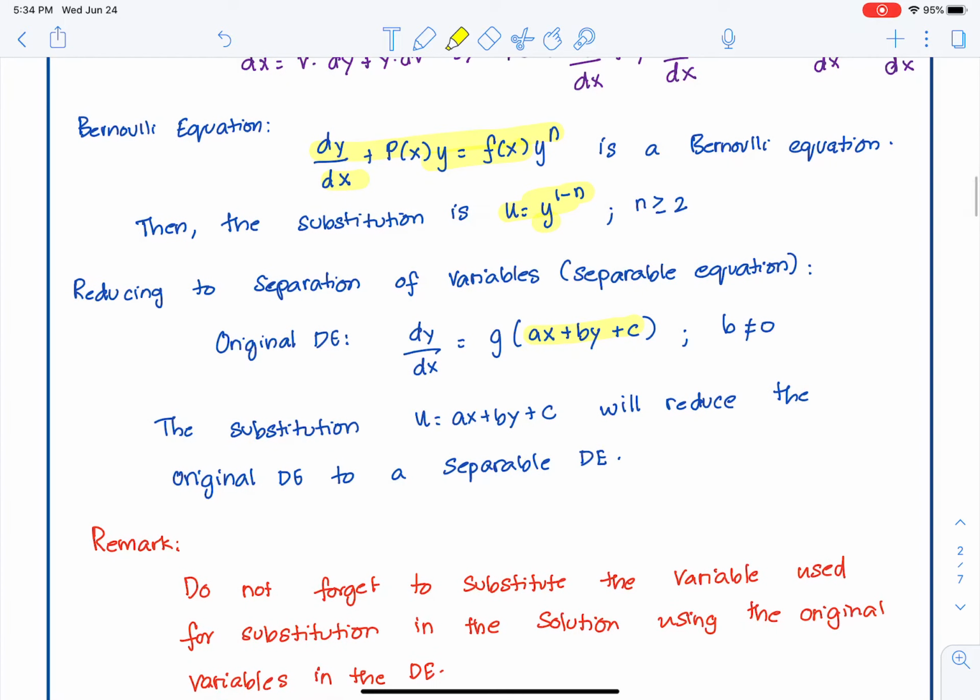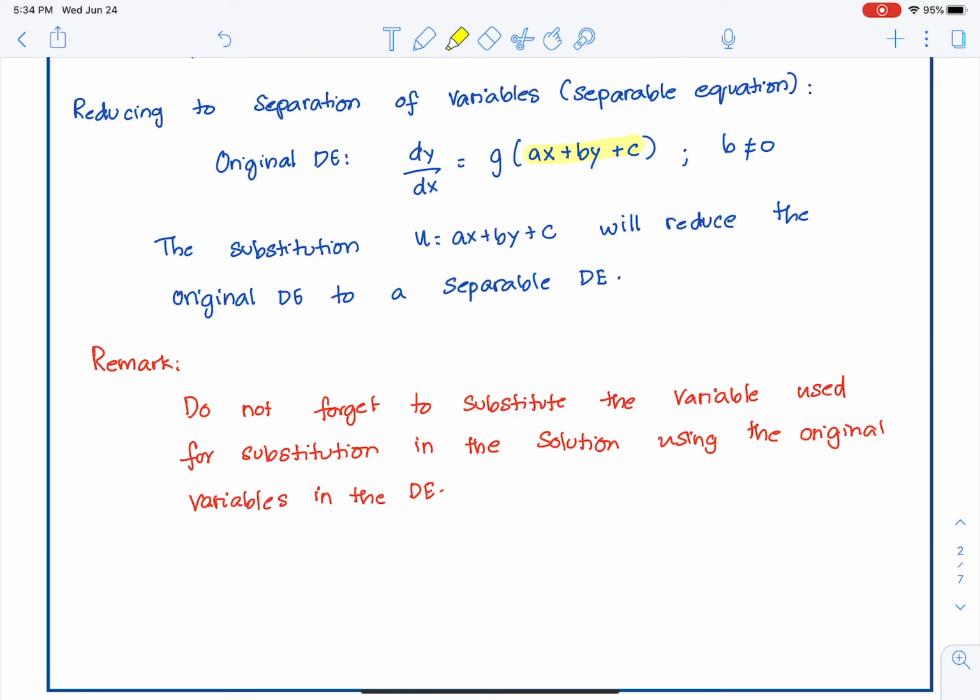If you identify an equation to be Bernoulli, we use the substitution u equals y raised to 1 minus n, and once we do that, we will reduce it to a linear equation or a separable equation, and once we get the solution, we have to substitute u with whatever substitution that we used initially. And same with the last case, where we reduce it to a separable equation. If we use u equals ax plus by plus c, we have to go back and replace the u in the solution with ax plus by plus c.